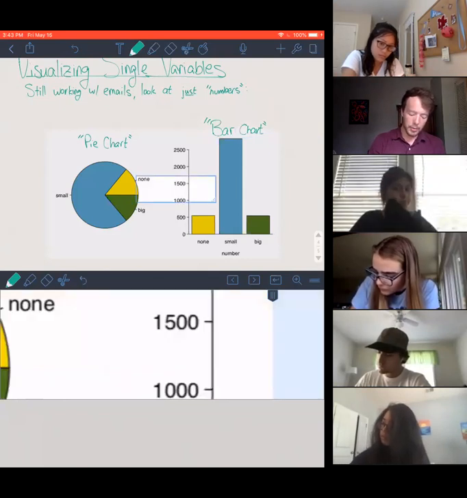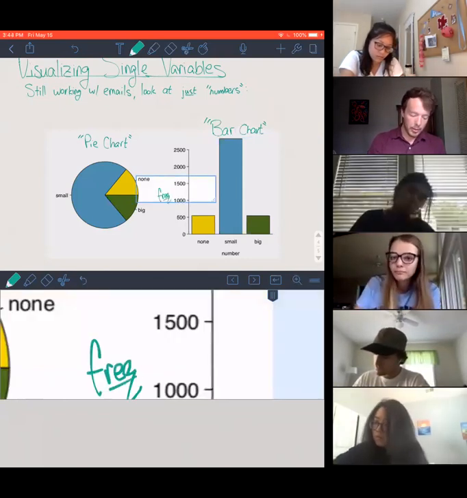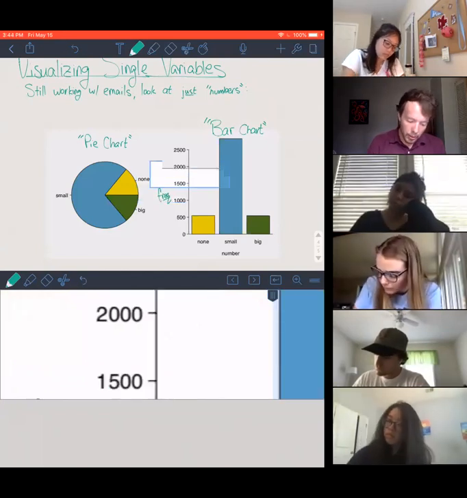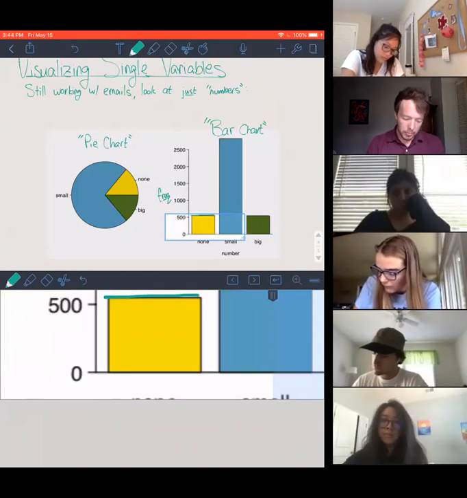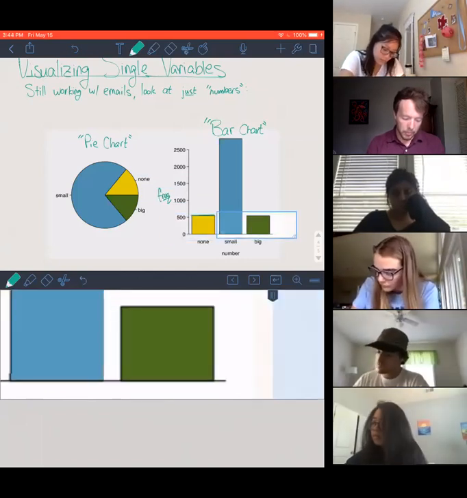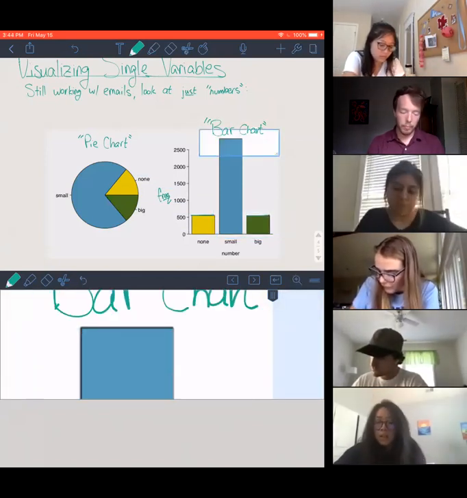The y-axis here is frequency. So what this is saying is there were a little over 500 in the none category, a little over 500 in the big, and then a lot in the small, right?